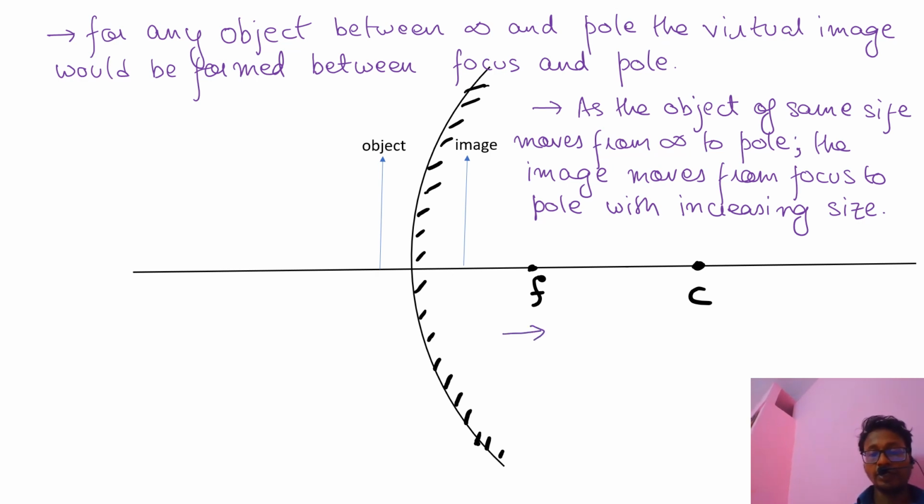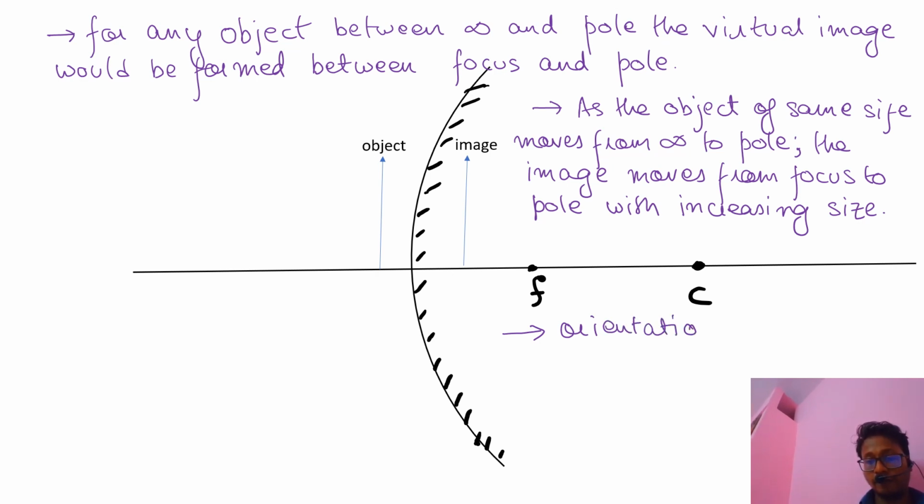Erect means the orientation of the image. If the object is upward, the image will also be upward. In the entirety of convex mirror, the orientation of object and orientation of image is always the same, because all of our images are virtual. Orientation means inverted or erect.